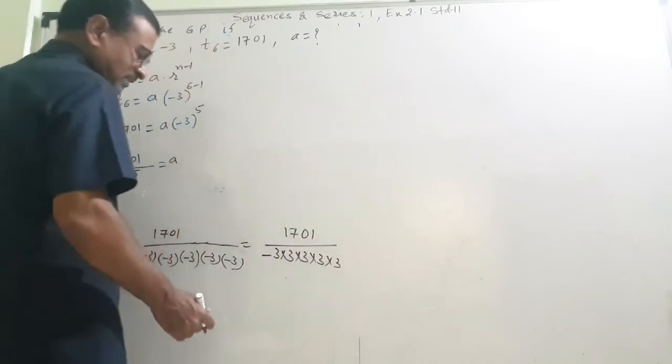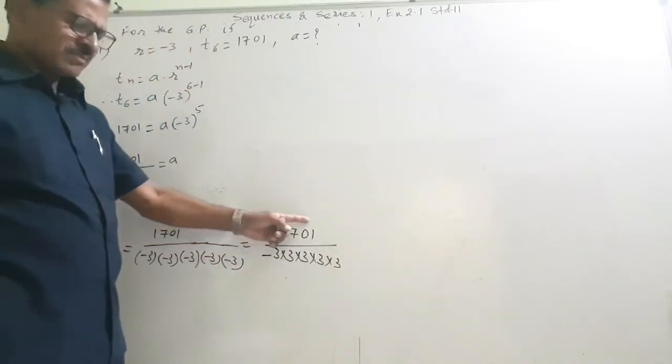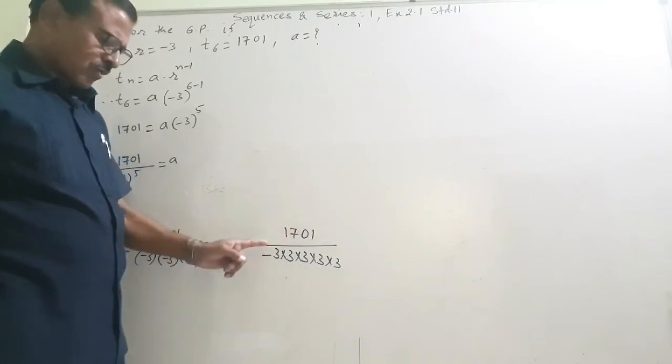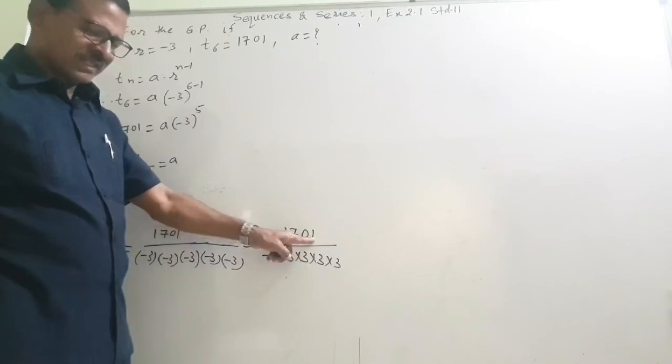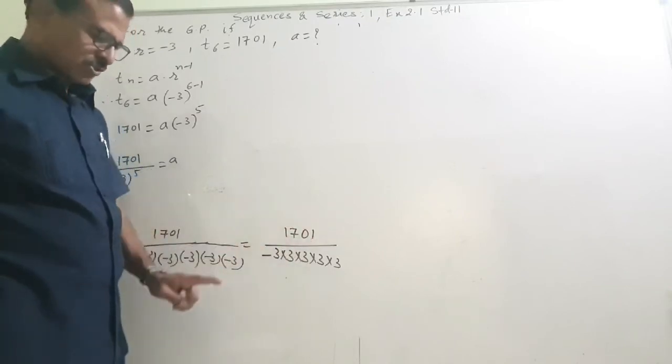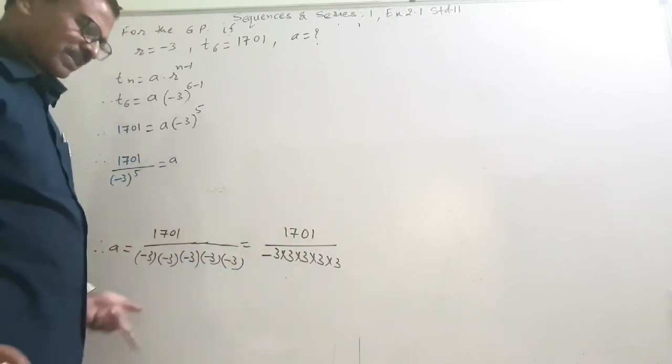Now I can divide this by 3. Why? Because 7 plus 1 is 8, 8 plus 1 is 9. It is in the table of 3 and 9 also. By 9 also I can divide, and by 3 also I can divide.